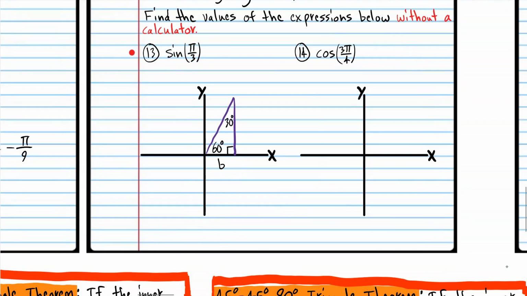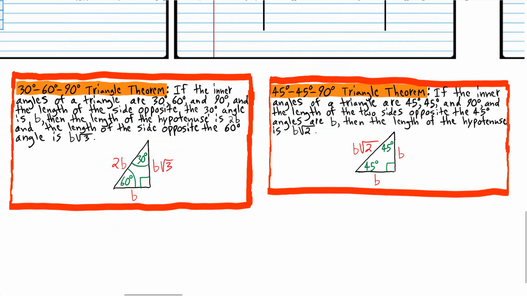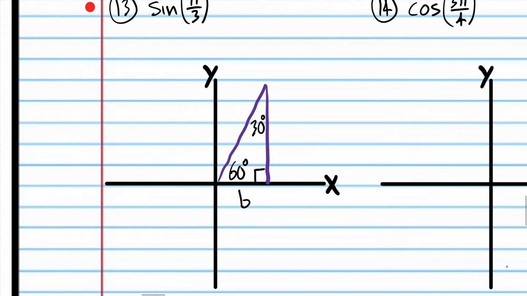The 30, 60, 90 degree triangle theorem is something that we're going to need here. We'll also need the 45, 45, 90. So if you need some help remembering these, you need to take a picture of these theorems. The 30, 60, 90 degree triangle theorem tells us that if this side is b, then this side is b times root 3, and this side is 2b.